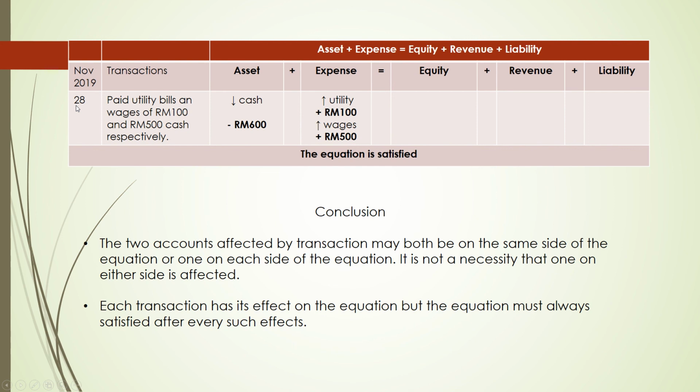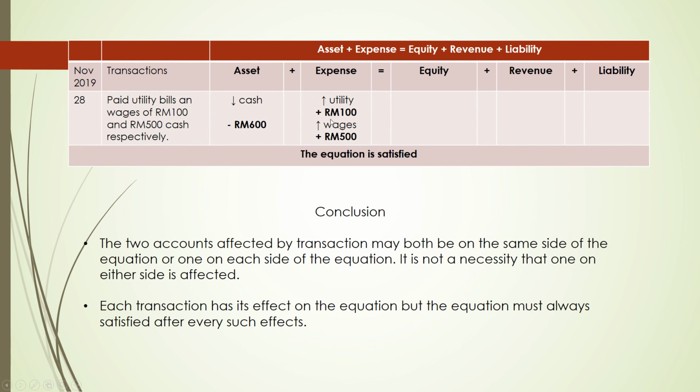For 28 November, paid utility bill and wages. Utility bill and wages are expenses. Okay, so when expenses are incurred, therefore the amount of expense will increase. So increase in expense, increase in expense for utility and also for wages.